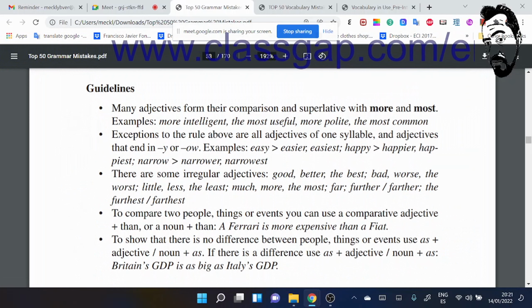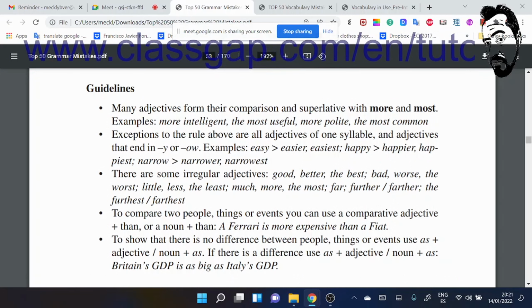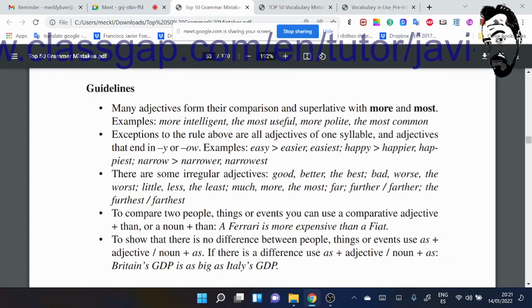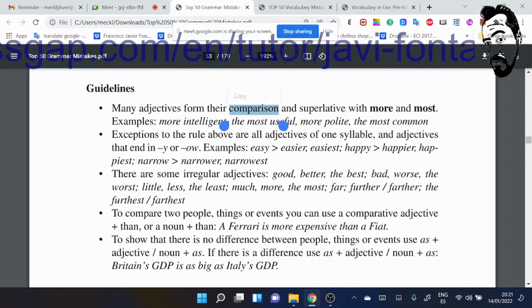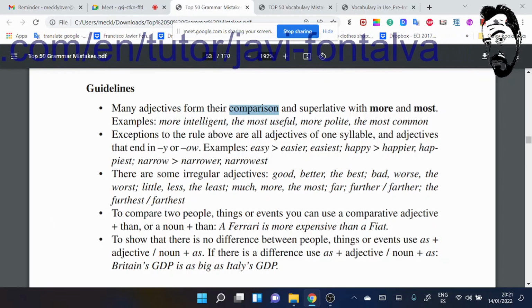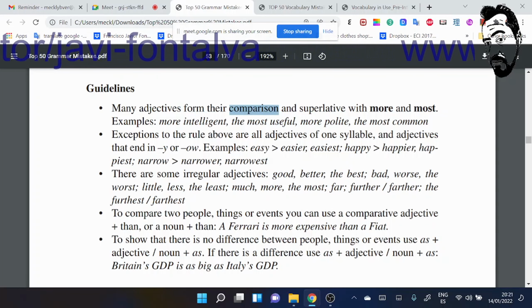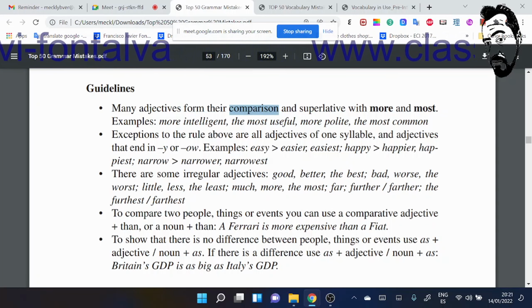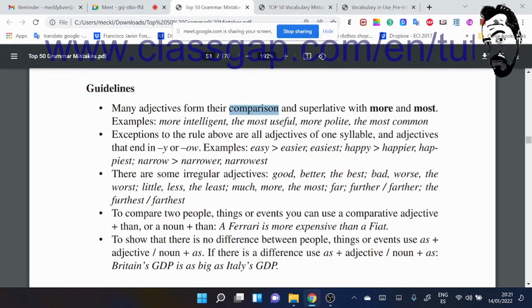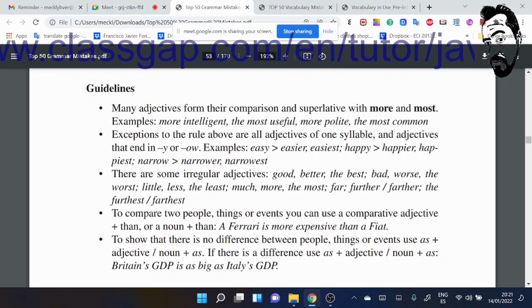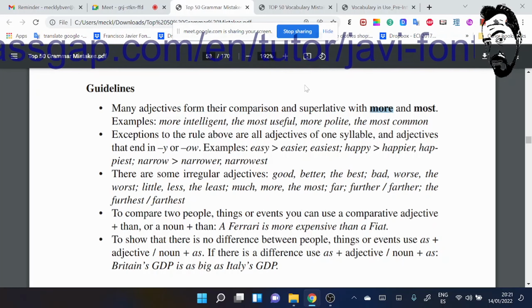Okay. So when you are talking about comparison, you can say something is more than something else. For example, I have two objects. Let's talk about price. I can say this is more expensive than this. So we usually use more.